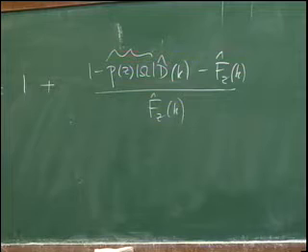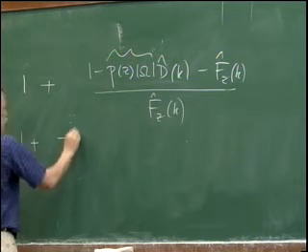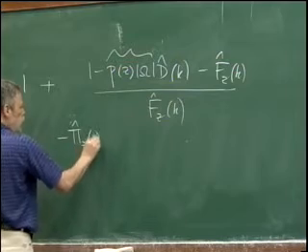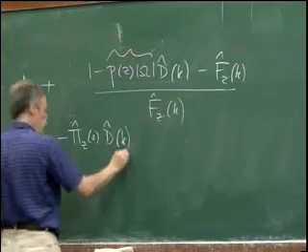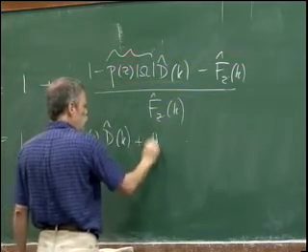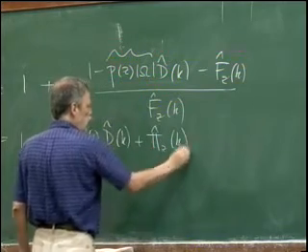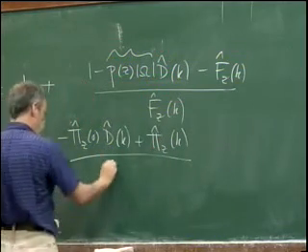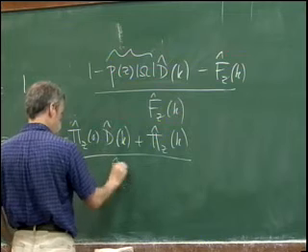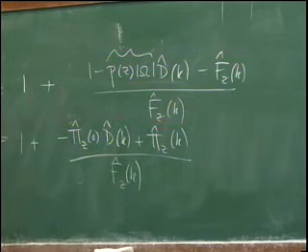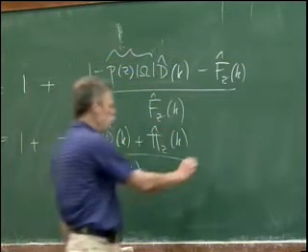And when you look at what remains, you have minus pi hat z of 0 d hat of k plus pi hat z of k, divided by f hat z of k. And, well, that's just arithmetic.